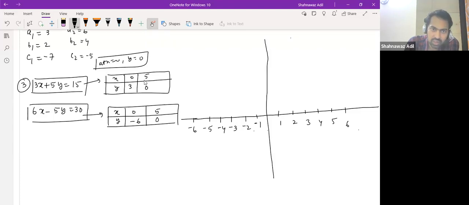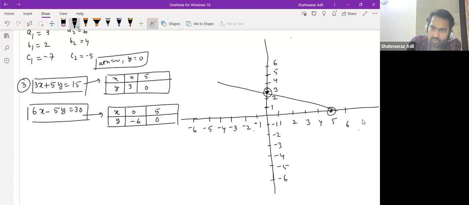X is 5 for both the values. So the first point is 0, comma 3, sorry. This is 0, comma 3, right? And then the point is 5, comma 0. So this is 5, comma 0. Am I correct, guys?